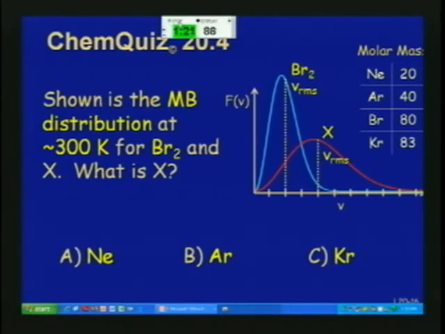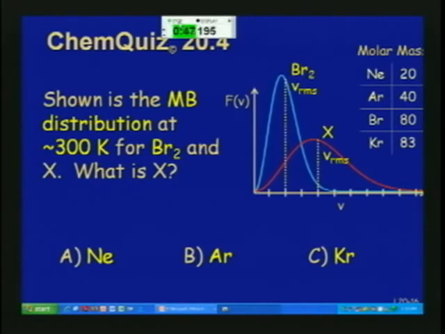I gave you half the answer already, essentially. It goes from 2 to 4, the root mean square speed.